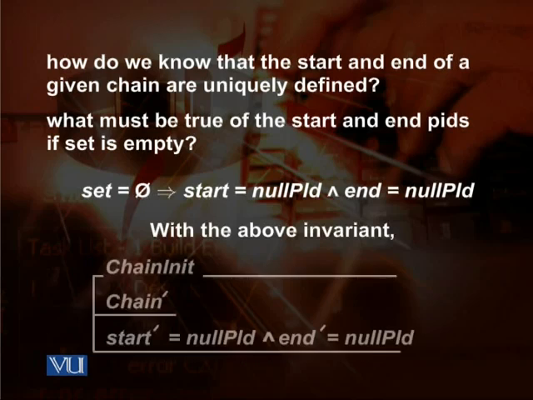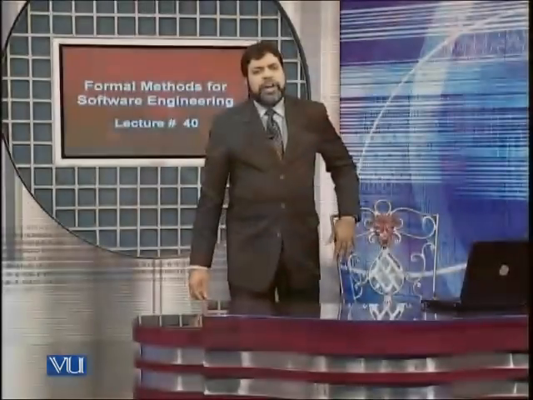With this above invariant, when the set is empty, there is nothing there. Initialization of the chain is, we have this chain init. We say the new value of start is equal to null PID and end is equal to null PID. So what we are saying here is, what do we have at the beginning?